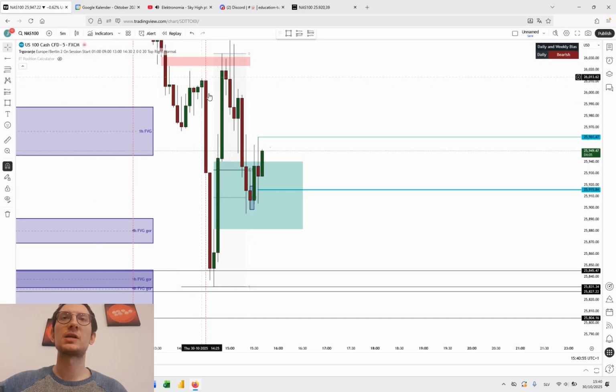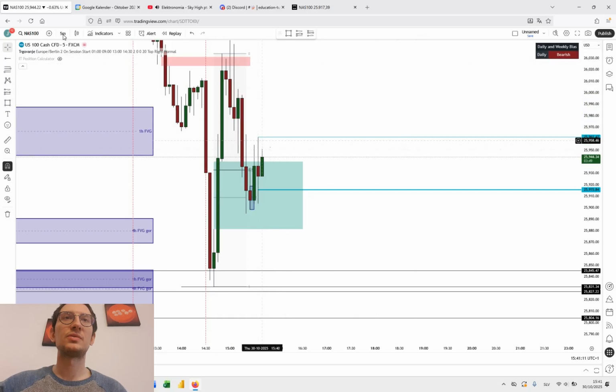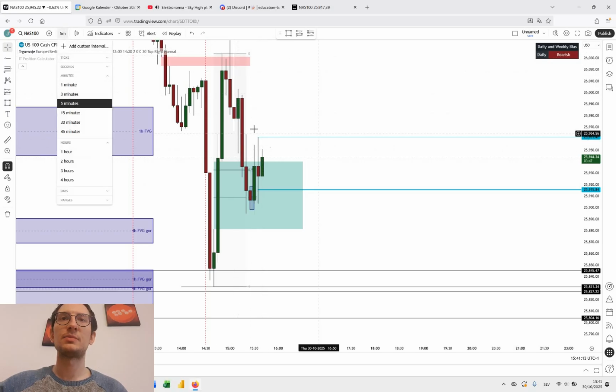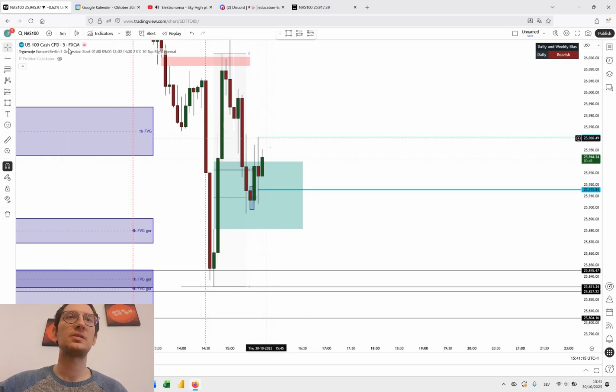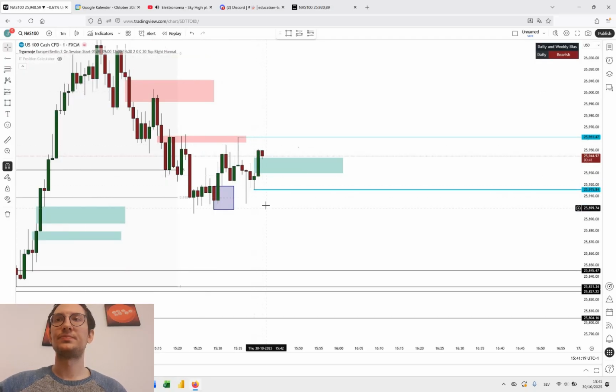Because we already broke structure again to the downside, so now we have this new order block here technically. But let's see what happens. If we close above on the 5-minute, above here, then that's a good sign. Maybe we can do something.